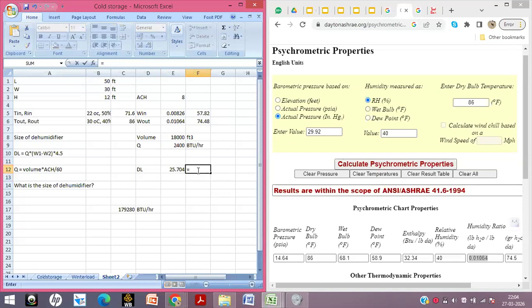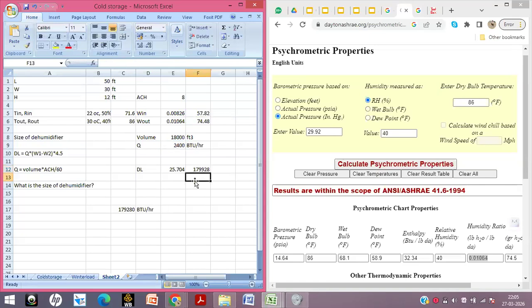And for your case, Q is 1000 times 6 minus 1.5.